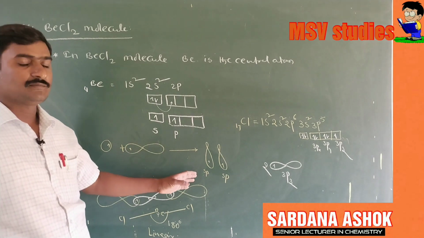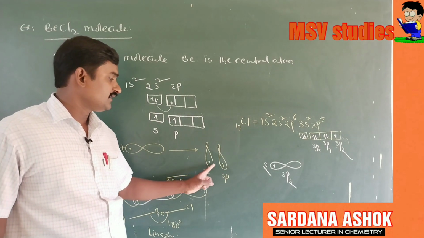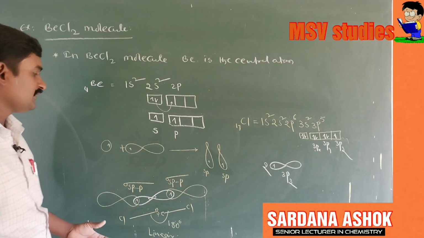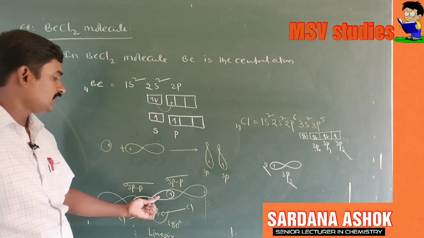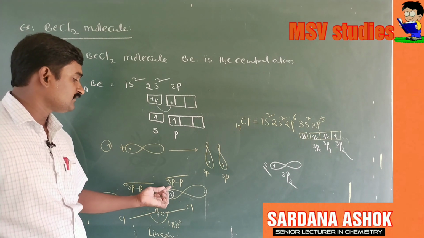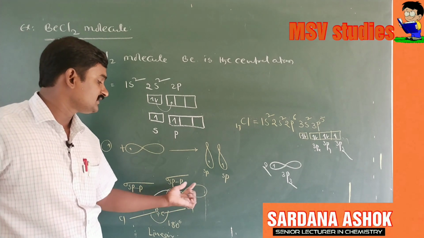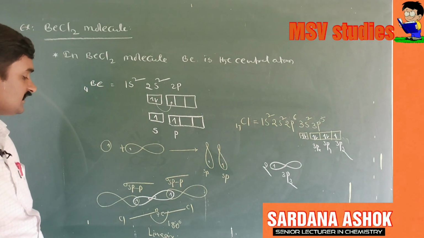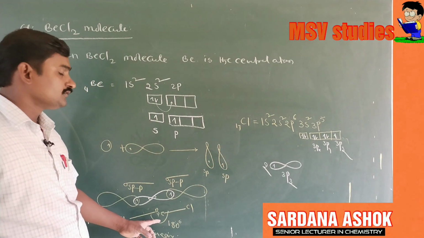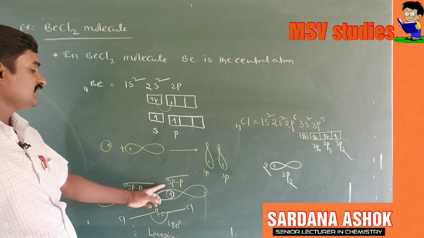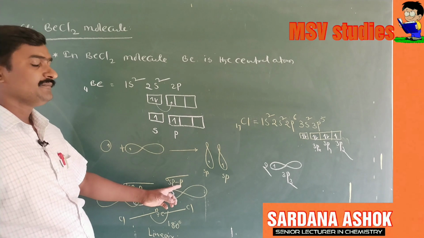Each sp hybrid orbital of beryllium contains one unpaired electron. These sp hybrid orbitals are arranged in opposite directions, and they are involved in head-on overlapping with the 3pz orbitals of two chlorine atoms, resulting in the formation of two sigma bonds. The nature of the sigma bond is written as sigma sp-p bond.